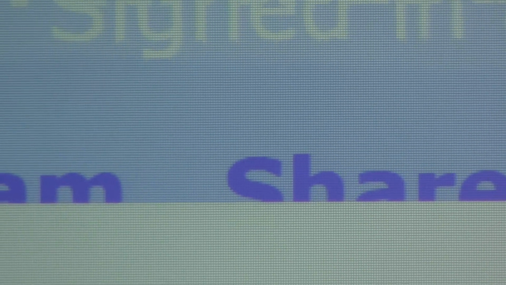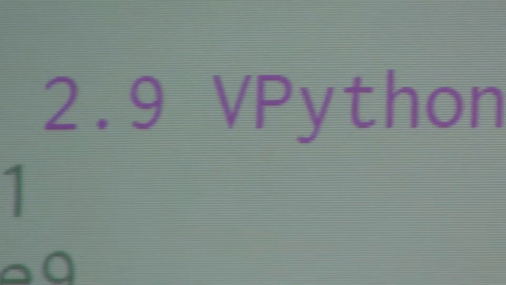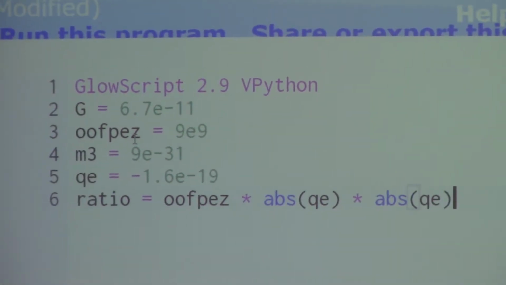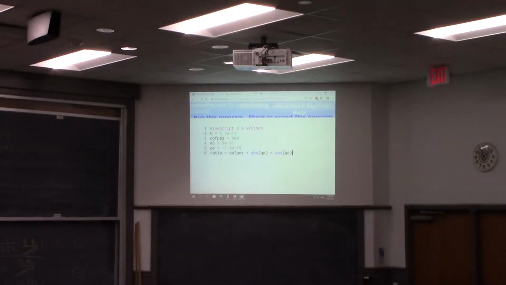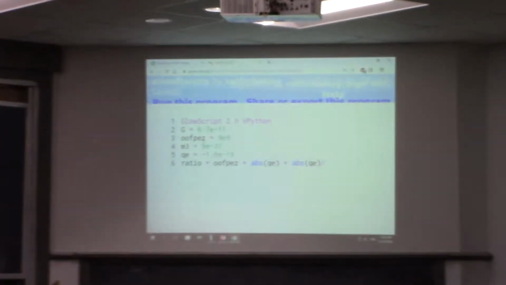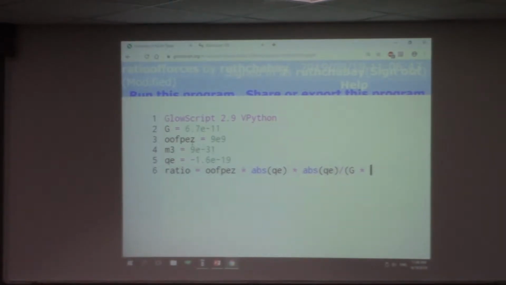And so the ratio is equal to 1 over 4 pi epsilon 0 times the absolute value of QE, times absolute value of QE, divided by G times, that shouldn't be M3, that should be mass of the electron, times the mass of the electron.